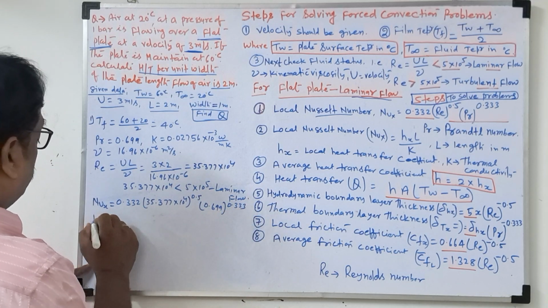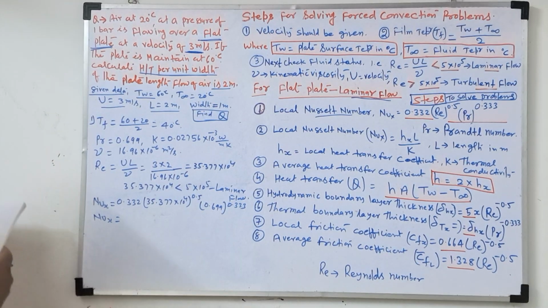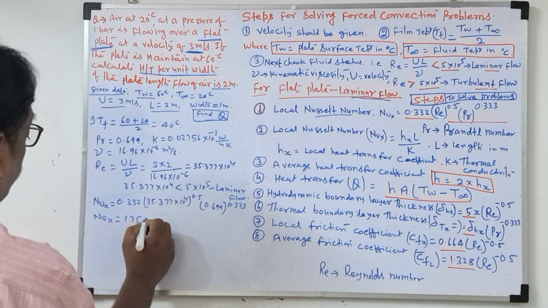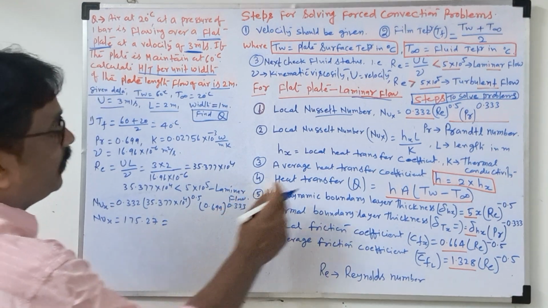So this Nusselt number value is coming as 175.27.